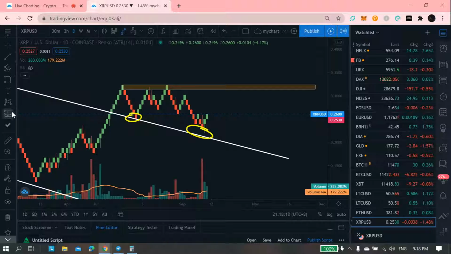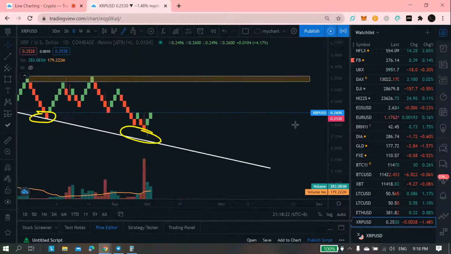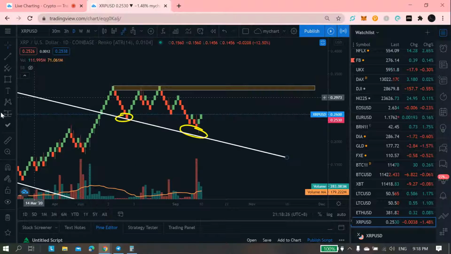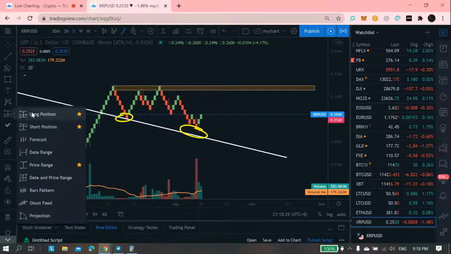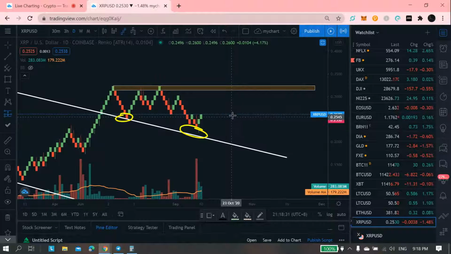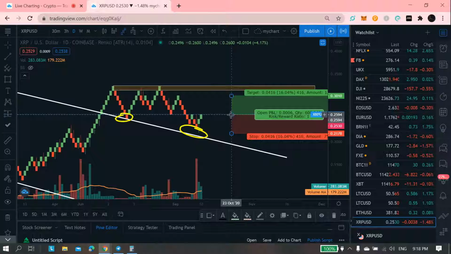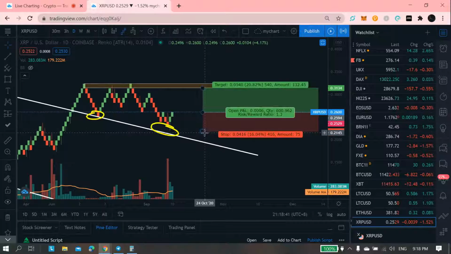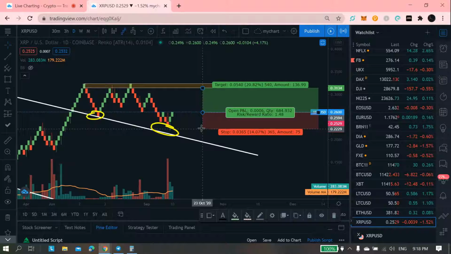So let's see if it's still a profitable trade. When you're trading, of course, always measure the risk reward. If it's attractive, then go with the trade. If not, wait until it reaches a very attractive level.